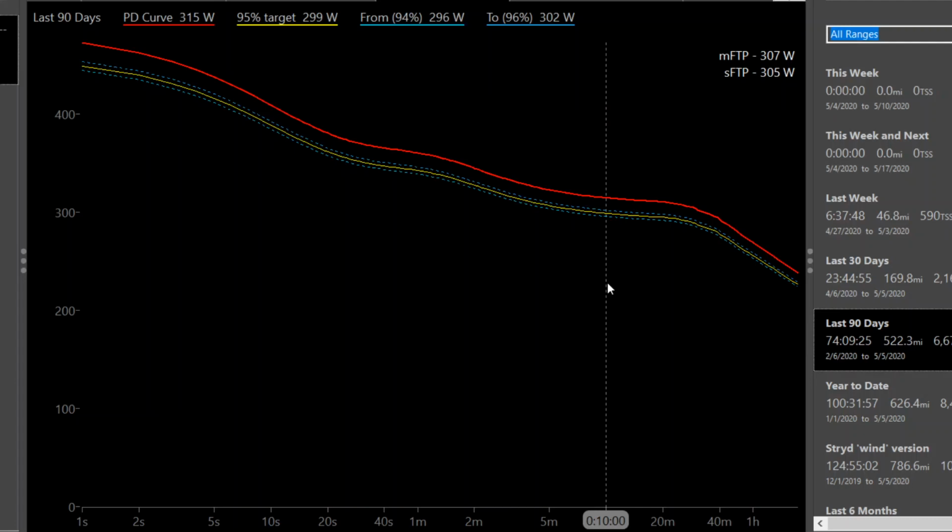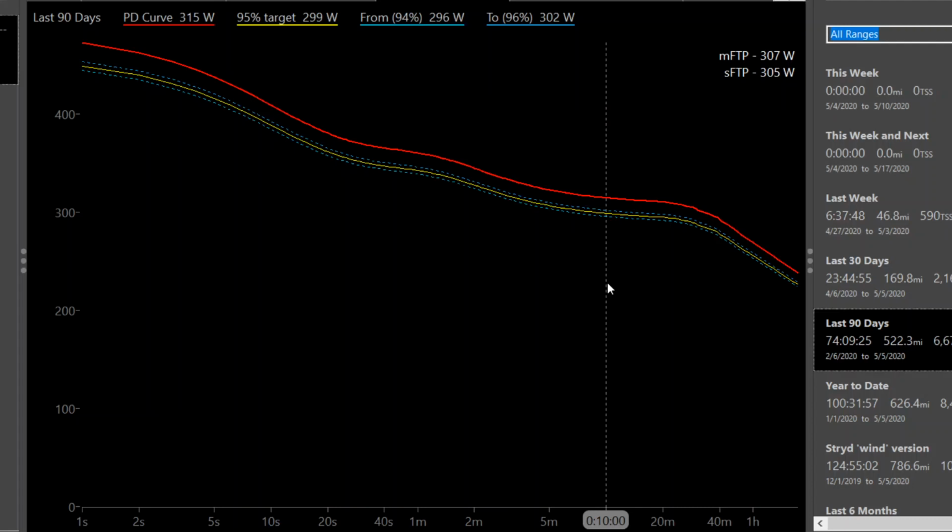Now, I arbitrarily picked 95%, it works pretty good. I arbitrarily went 1% below, 1% above as a pretty reliable range for most athletes. Some athletes can do intervals at 97% or even higher. But for the most part, 95% plus or minus 1% should be your target.